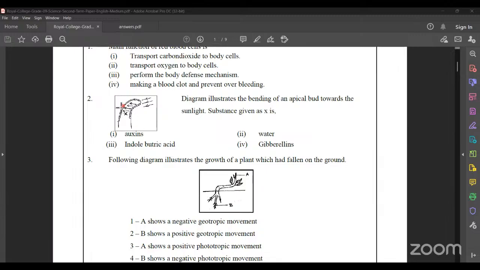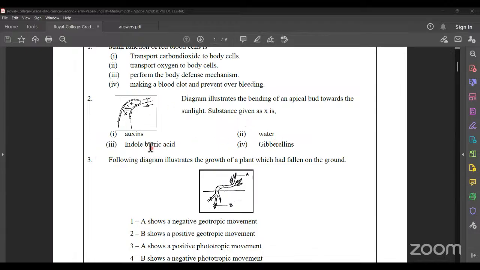So probably this X won't be indole butyric acid. And gibberellin, this is a hormone that helps seed germination and also stem elongation. But gibberellin also doesn't diffuse. Auxin only diffuses to the opposite side, and gibberellin we can see in the top of the shoots. So here we can say it's not gibberellin also.